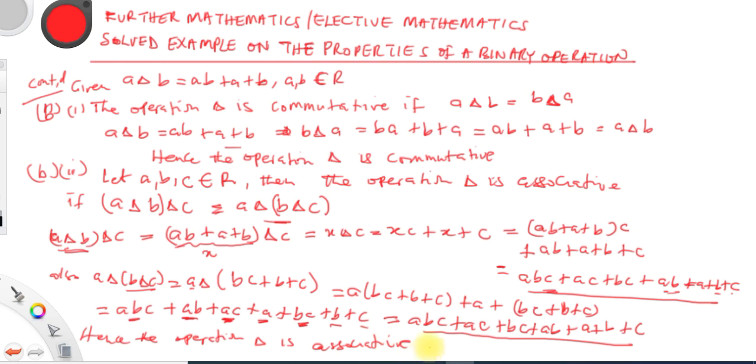Since this is equal to this. The answer for that and the answer for this are equal. Since they are equal, the operation triangle is associative with respect to the set of real numbers.